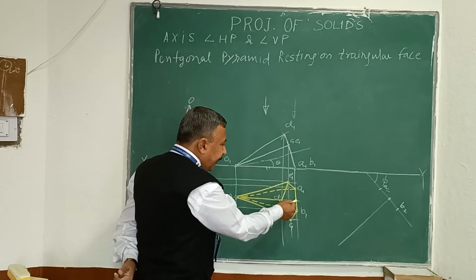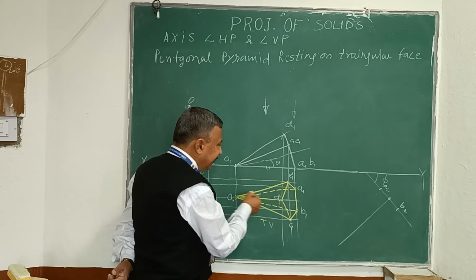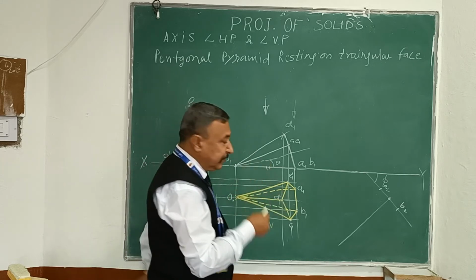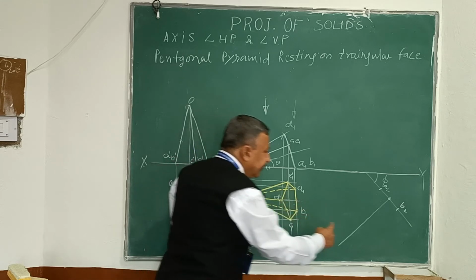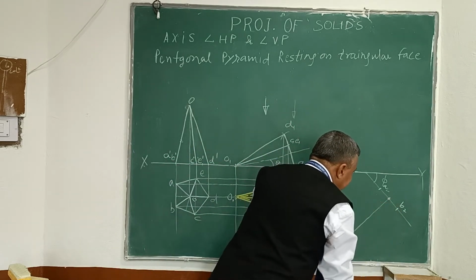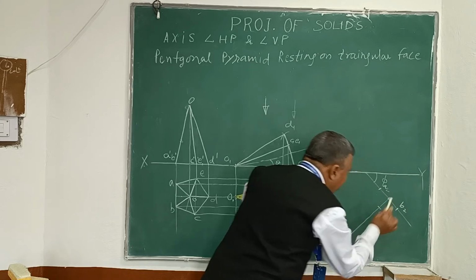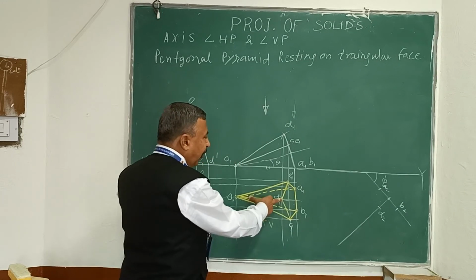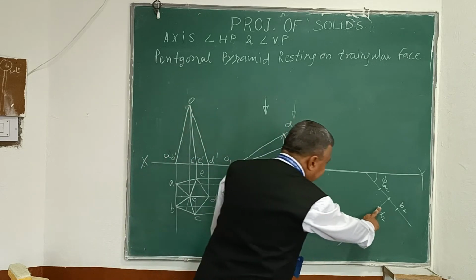Before the apex we can mark D1 also. From this last view we take this distance and mark here. So this gives you point D2. Now from D2 we take this distance and mark here.